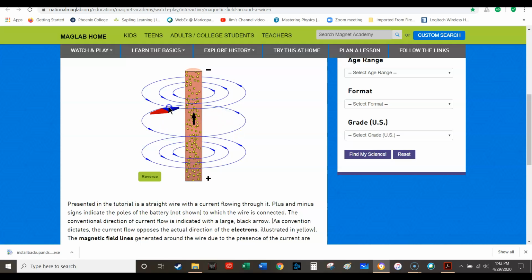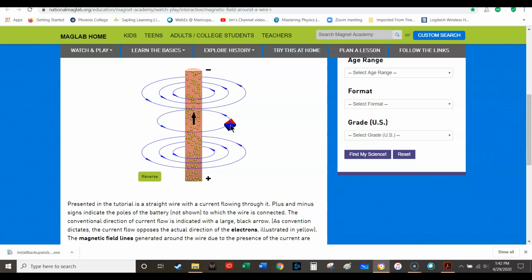Well, now notice that the magnetic field is pointed opposite that direction. So the magnetic field in this case is going to be counterclockwise. Okay? The closer you are, the stronger the magnetic field. The further away, the weaker the magnetic field.